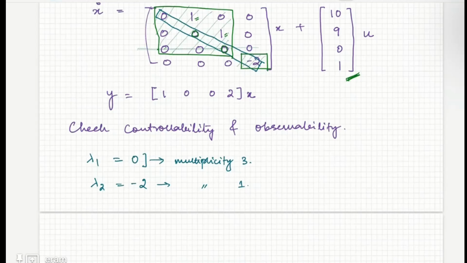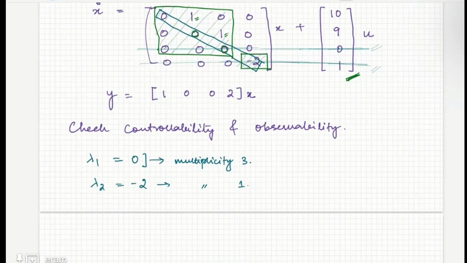Corresponding to this, the last entry of the matrix B is 0. Since the second Jordan block is only -2, the entry of B corresponding to this Jordan block is 1, which is non-zero. So one Jordan block has a non-zero entry, but the other Jordan block has entry 0.